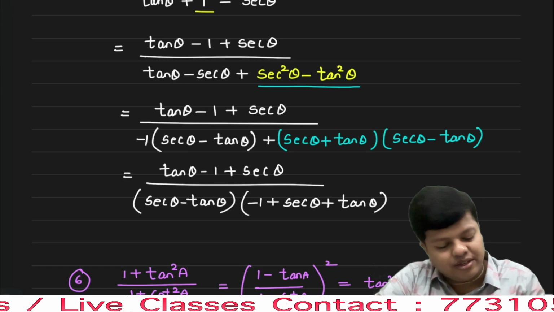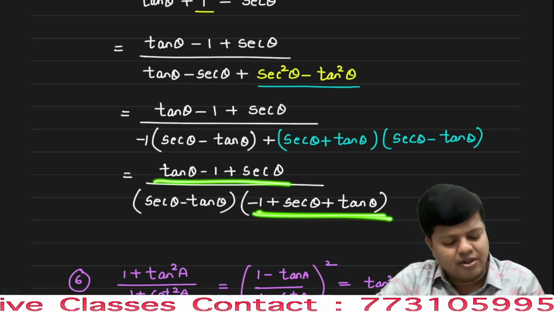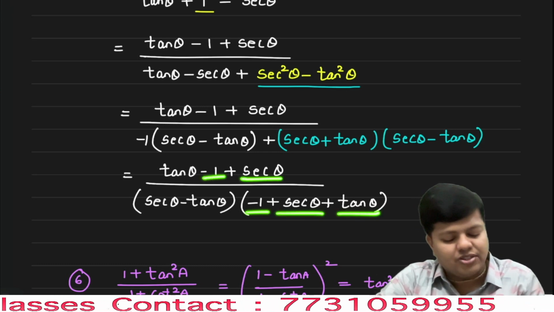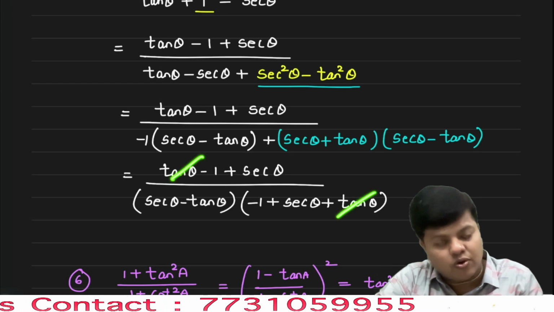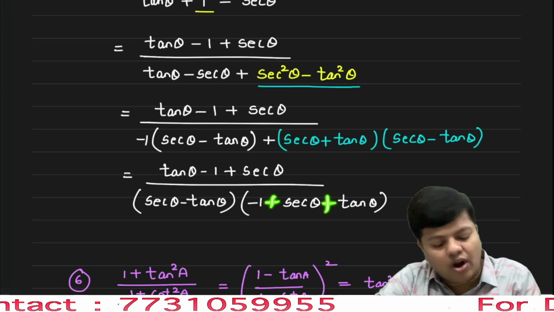Now you see student, this and this numerator both are same. Minus 1 plus secant theta plus tan theta. So you can cancel not one term. No, it is wrong, because it is in addition and subtraction. You cannot cancel one term all at a time.